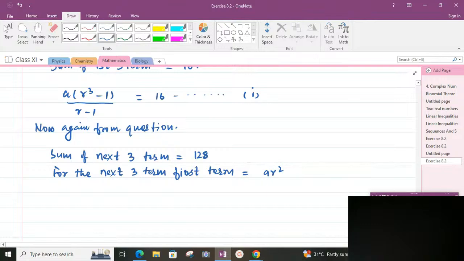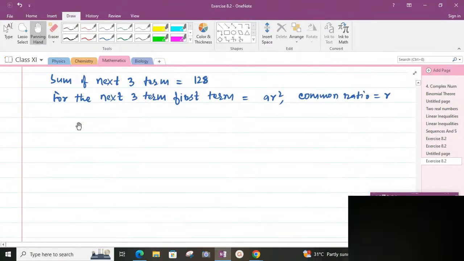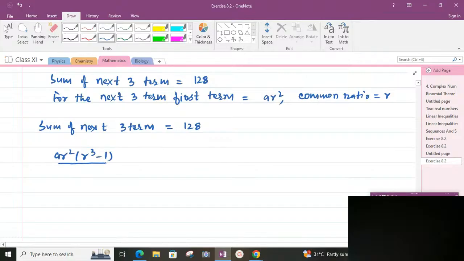Of that there is no problem to understand, and the common ratio will be R. So the sum of next three terms here will be 128 equal to AR square (R cube minus 1) by (R minus 1) equal to 128. Suppose this is equation number 2.